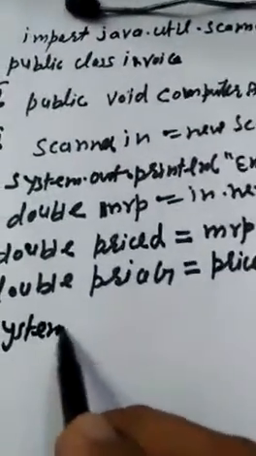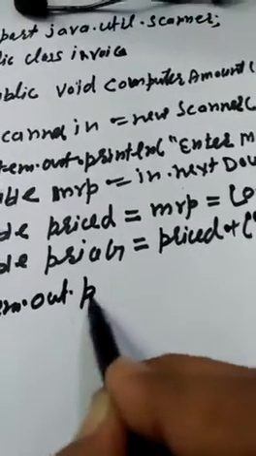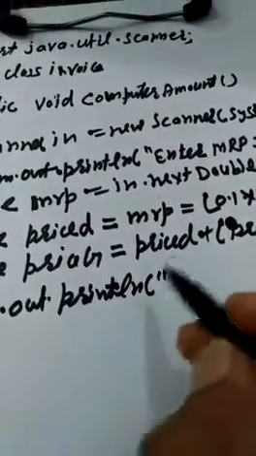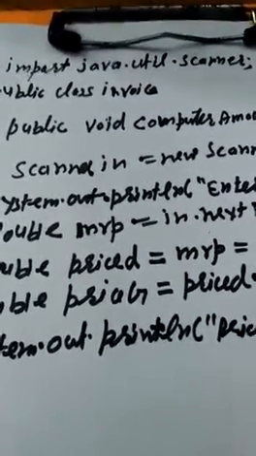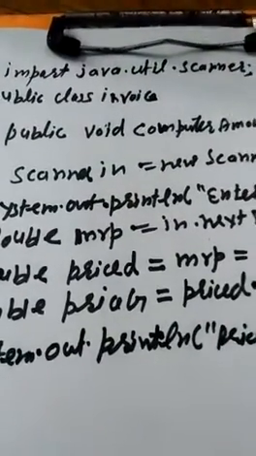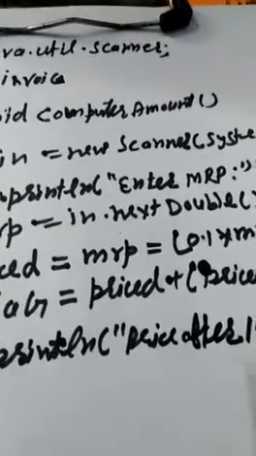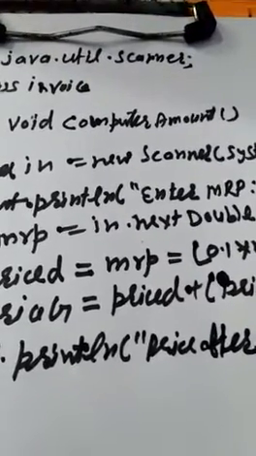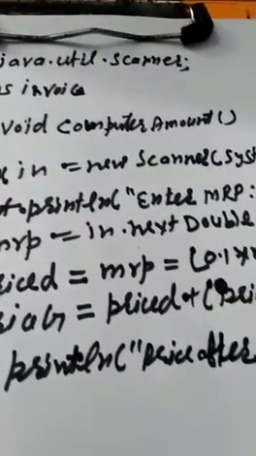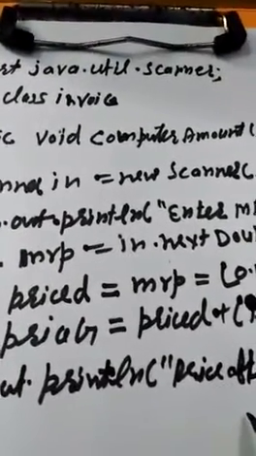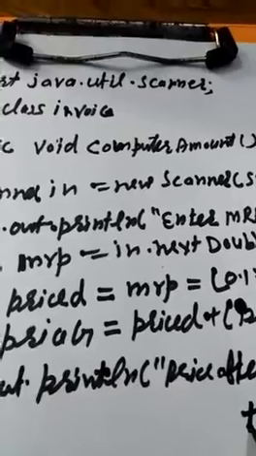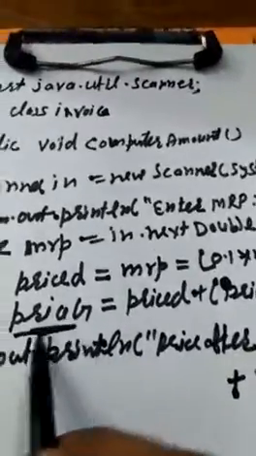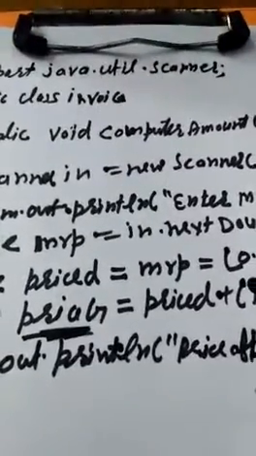Then we have to take the output, meaning the result, according to the question. System.out.println, then "Price after 10% and 9% GST". In double quotes you close it and then plus, and then we have to write here the price G. This variable you have to print.